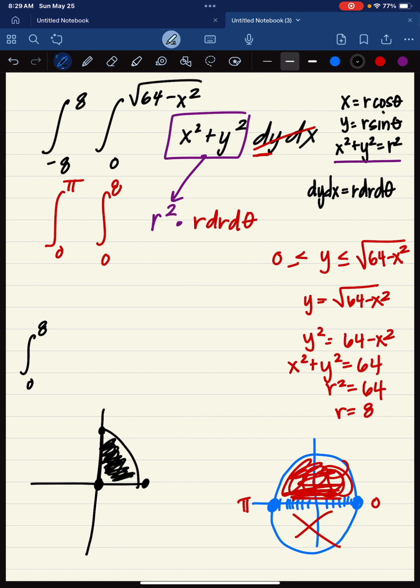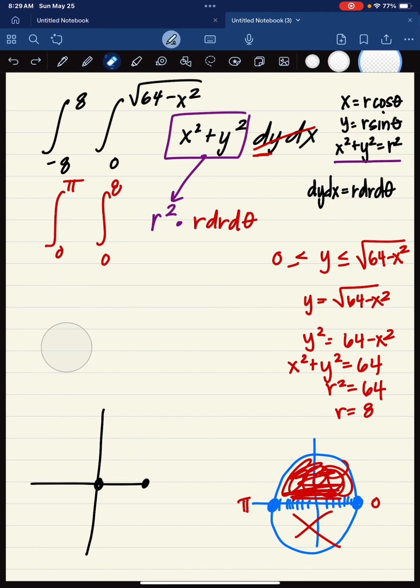Remember that in both of these, I said that x went from negative to positive. But if x was only in this piece right here, you would just take it from 0 to pi over 2. You might have a problem somewhere like that, so I just want you to be familiar. All right, so let's get back to the problem at hand. Here's how it looks.